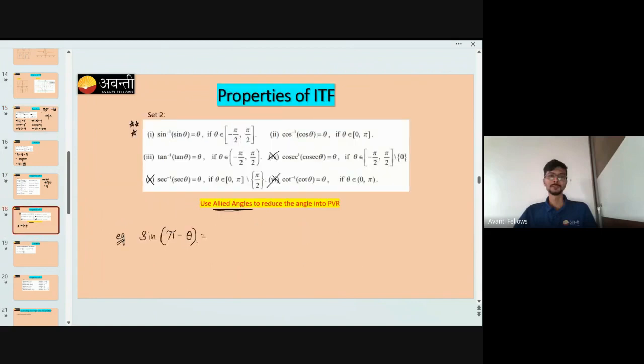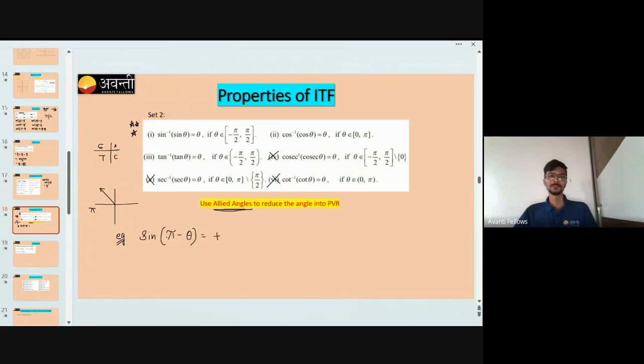In a similar way we have to do it here. Pi minus theta. An angle is getting subtracted from pi. Now, pi is 180 degrees. If an angle is getting subtracted from pi, the angle will come into the second quadrant. And as we all know, in the second quadrant, sine theta is positive. So my answer will be positive.